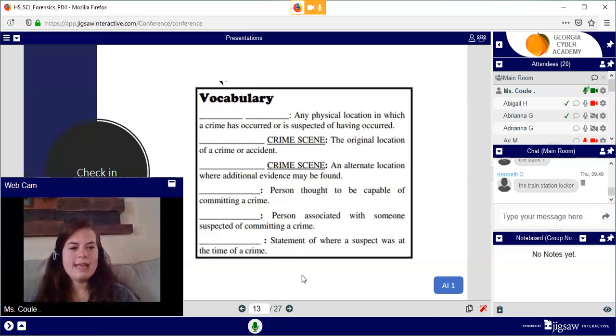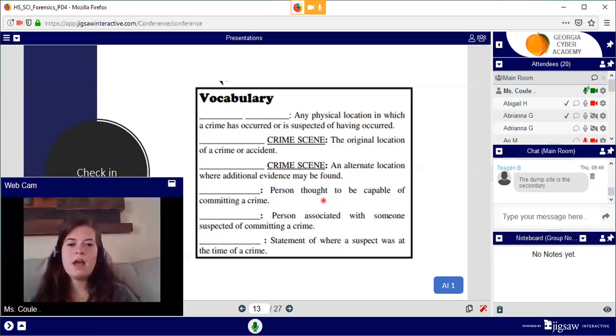Very good, the train station locker, all right? So it's associated with the crime. You can find some evidence there at the train station, but it is not the primary crime scene, okay? In the case of a murder, if you had a dump site as well where somebody dumped the body after they murdered the person, then where they were murdered would be the primary, and where the dump site was would be the secondary. Okay? There you go. Good job, Tegan.